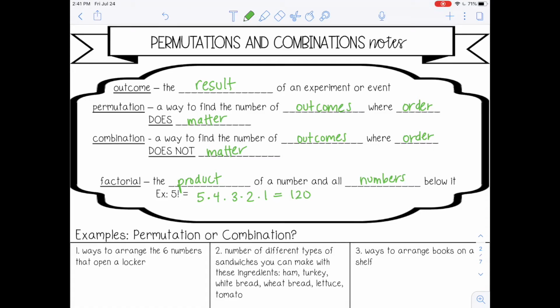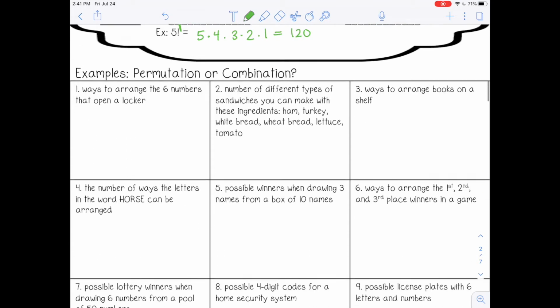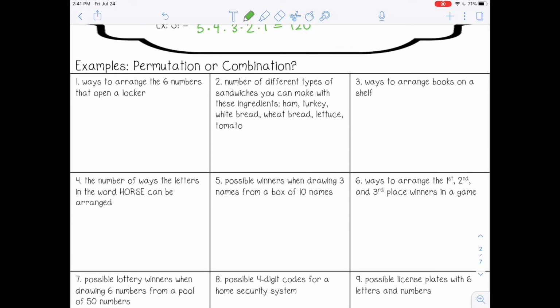Okay, so let's talk about some examples and whether they are permutations or combinations. So remember, in a permutation, the order does matter, and in combinations, the order does not matter. So number 1, the ways to arrange the 6 numbers that open a locker.